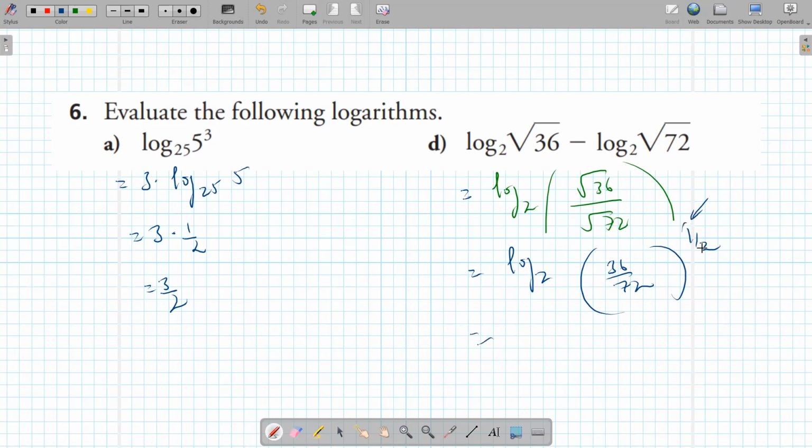Why are we doing this? Well, because we can bring the 1 over 2 down. What's 36 over 72? 1 over 2. Yeah.